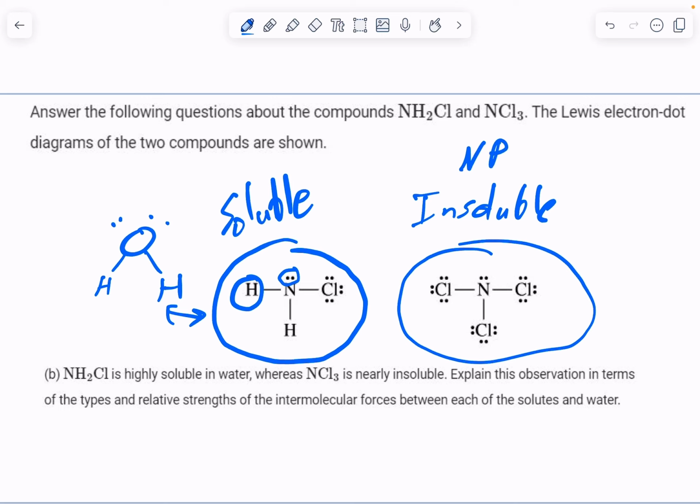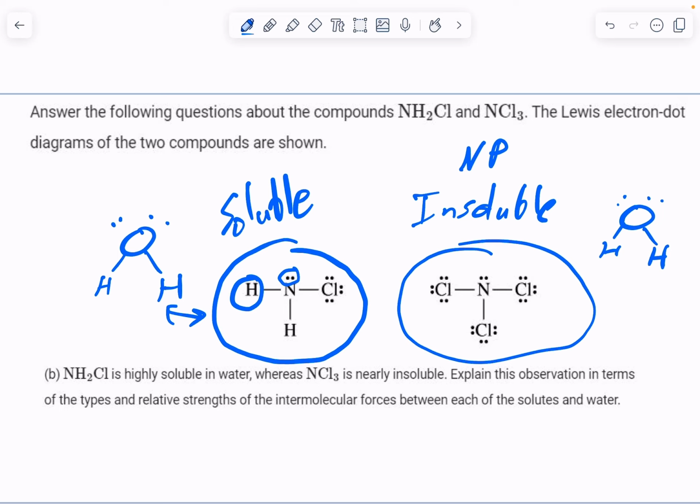It can only do dispersion forces, and water can do dispersion, dipole-dipole, and hydrogen bonding, just like NH2Cl can as well. So when you're answering this question, use this information to answer it, something along the lines of H2O is polar just like NH2Cl.